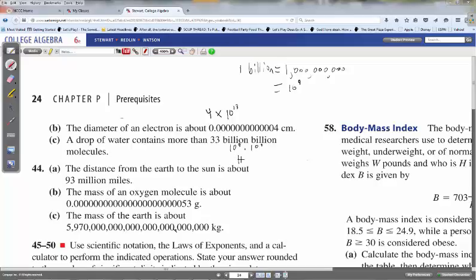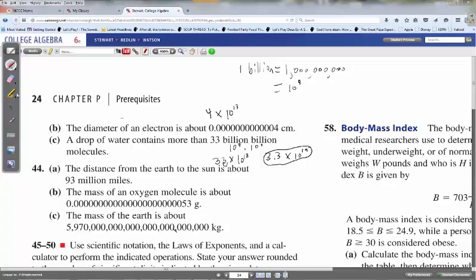So that would be 10 to the 18th. And if you have 33 times 10 to the 18th, that's almost in scientific notation, but the decimal point isn't in the right place. The decimal point is right here, and it needs to be in between the 3 and the 3. So if you move it one more place, and you end up with 3.3, now it is times 10 to the 19th. And we're good.